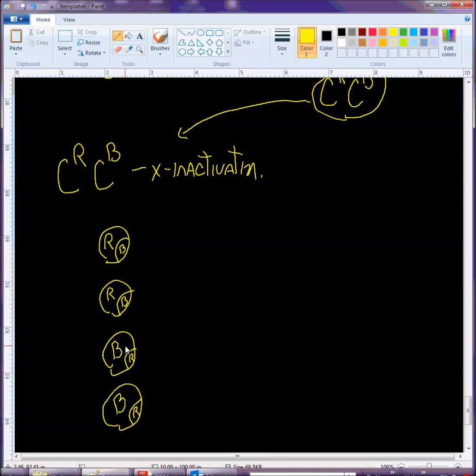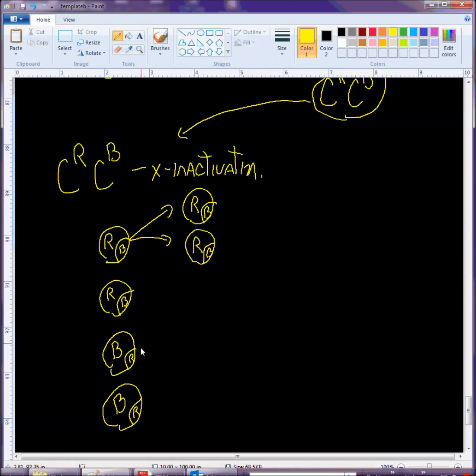still active. Okay, so every time these cells divide from now on, the X chromosome with the black allele will always be inactivated. Every time a cell with the X chromosome carrying the black allele inactivated divides, the daughter cells will also have the X chromosome carrying the black allele inactivated.